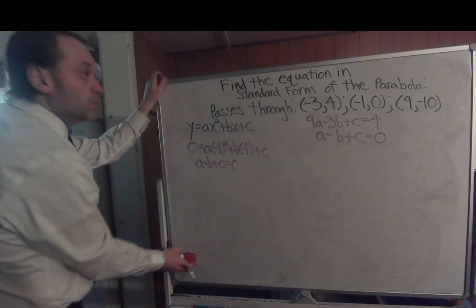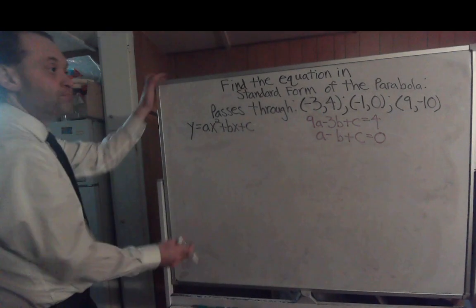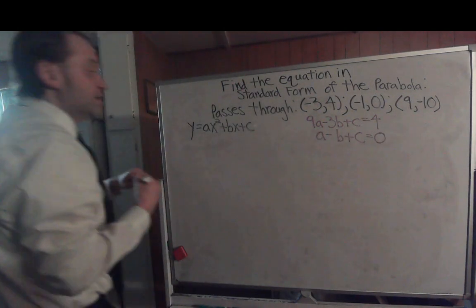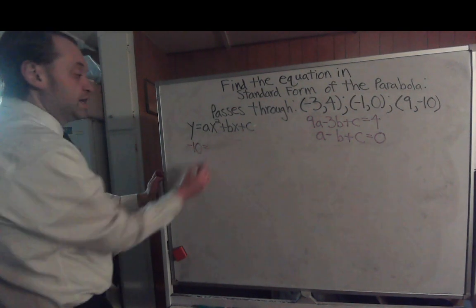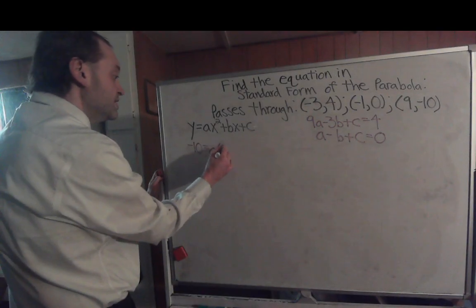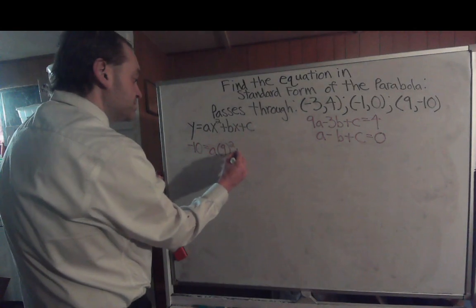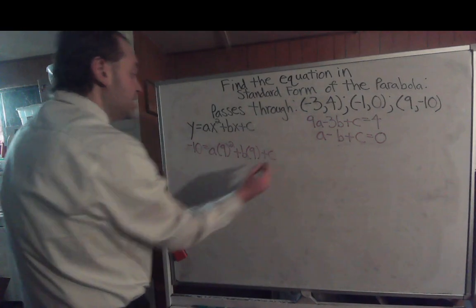And then we'll do the final point. This one's going to be hideous. So let's do our point 9, negative 10. Well, negative 10 will go in for y. That's going to equal a times your x value of 9 to the second power plus b times your x value of 9 plus c.